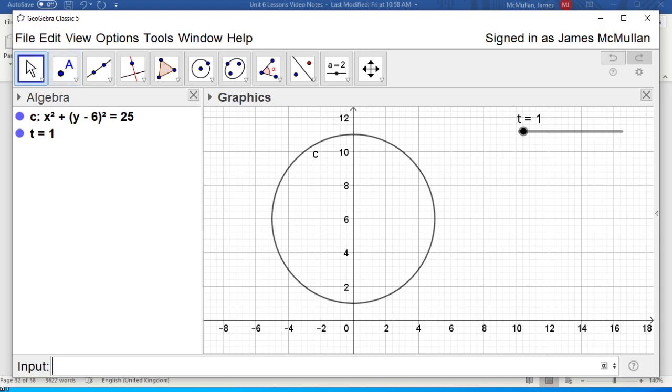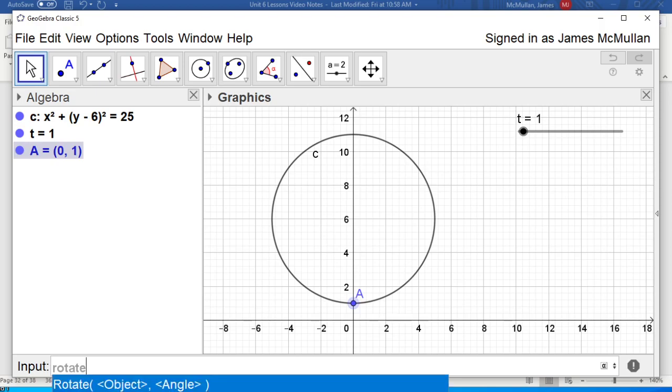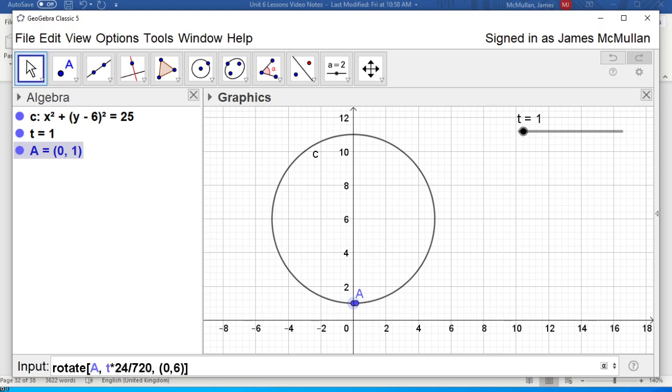Let's say a equals 0, 1. That's where you boarded the wheel, and then we're going to rotate a around the point 0, 6. 24 would be 2 complete revolutions, so 720 and 24 are equivalent, so t times 24 over 720.